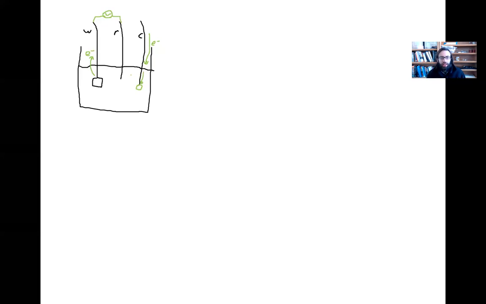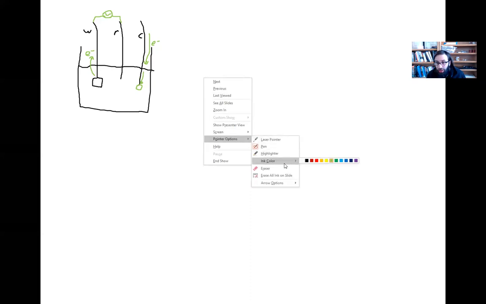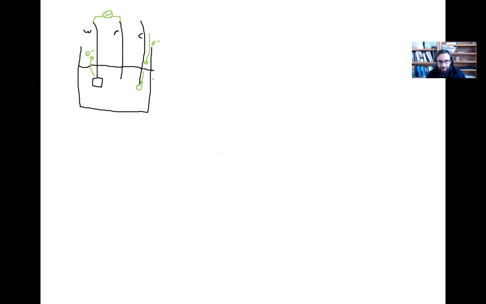Okay. So what the potentiostat is physically doing is there's some circuitry in there and it's controlling the voltage of the working versus the counter to be whatever it needs to be so that if you have 10 electrons coming out of the working electrode, you have 10 electrons coming into the counter electrode.